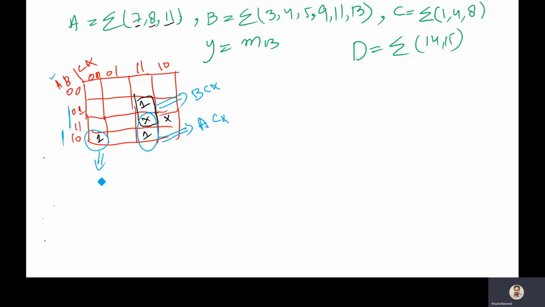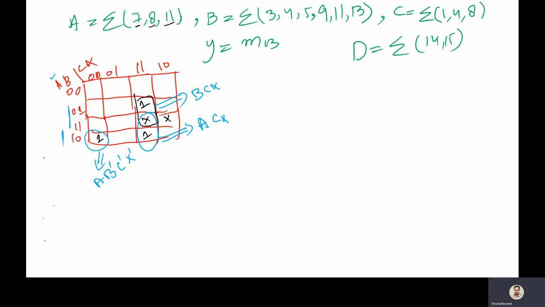It will remain to be A, C complement, B complement and X complement, right?